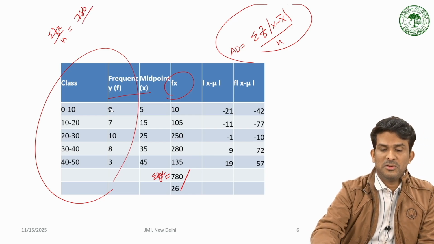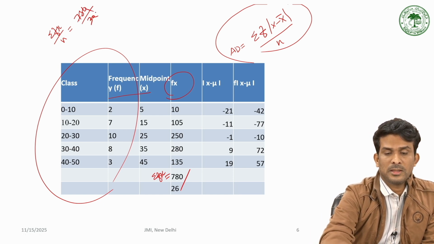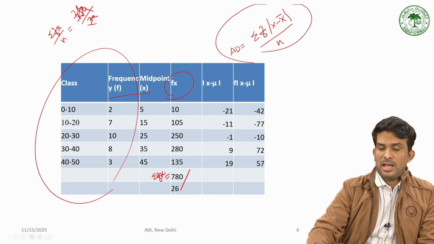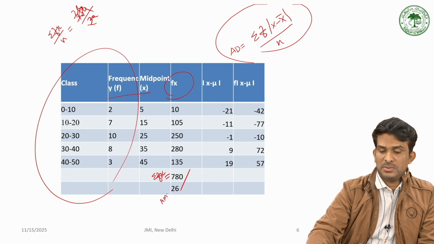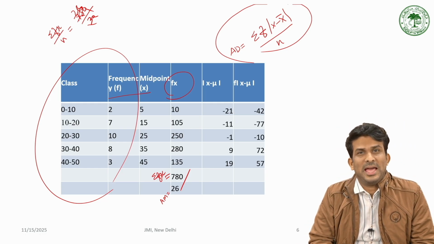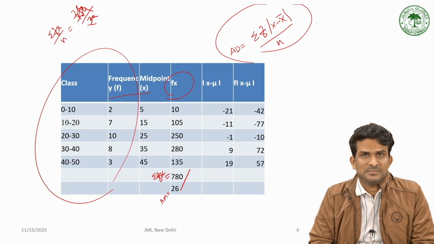Let me go for counting the n: 9, 19, 27, 30, 30. Yes, 26 is the average, that is arithmetic mean. Got it? So we have calculated arithmetic mean now.